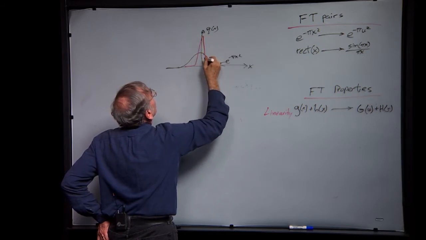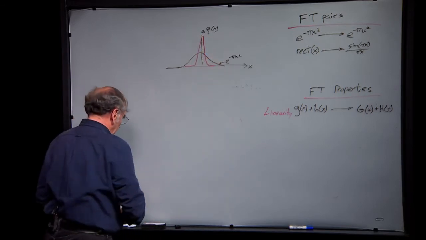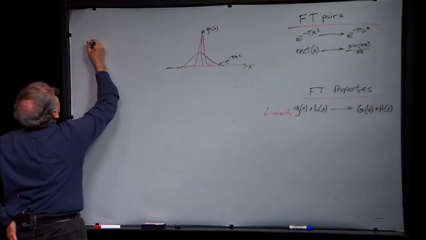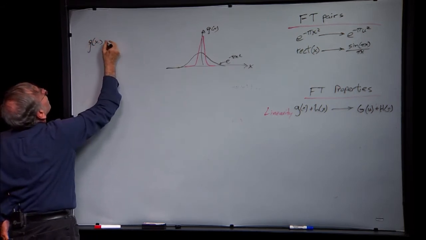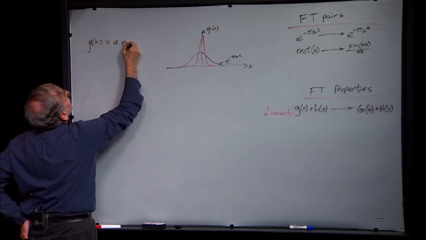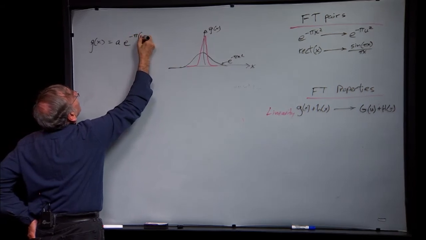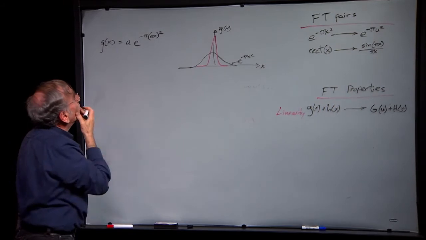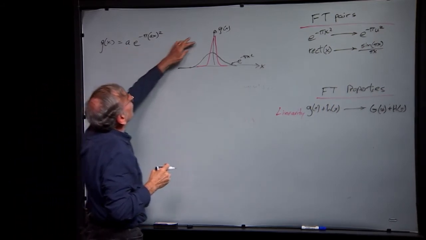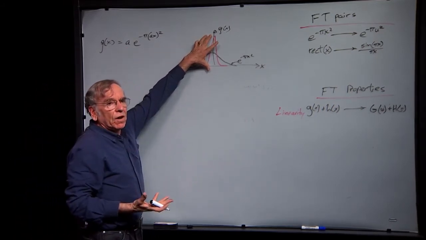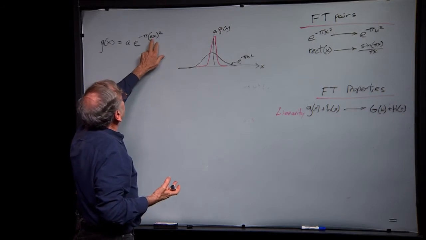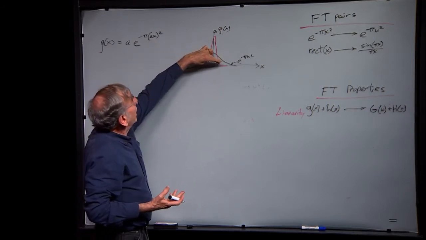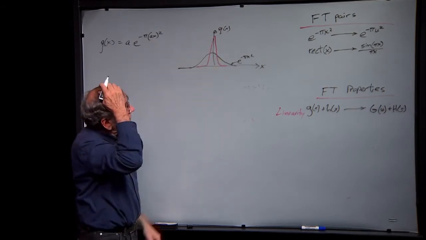So it's going to look like this. And my g of x in this case is a times e to the minus pi ax quantity squared. So what does this do? This a here means that it's a times taller, and this a here means that it's a times narrower.